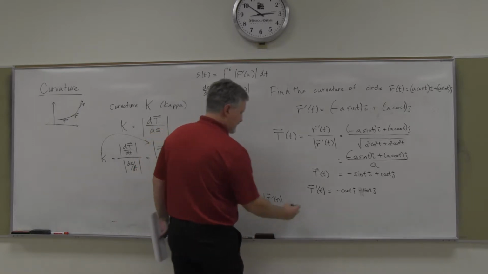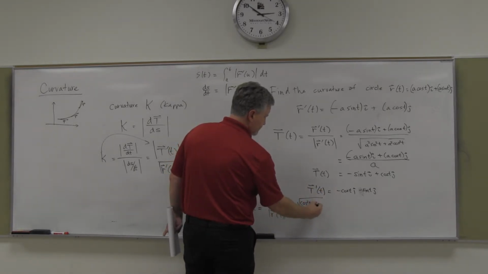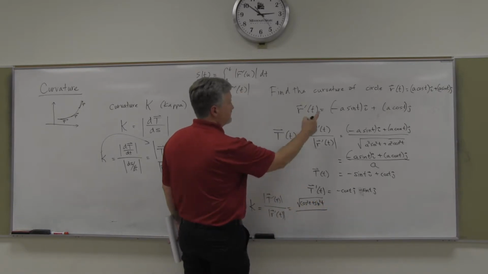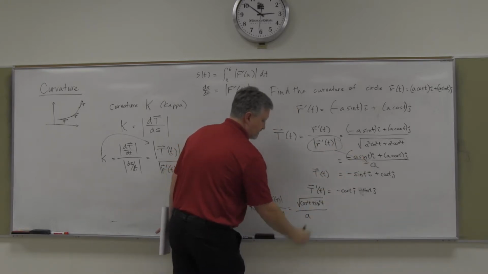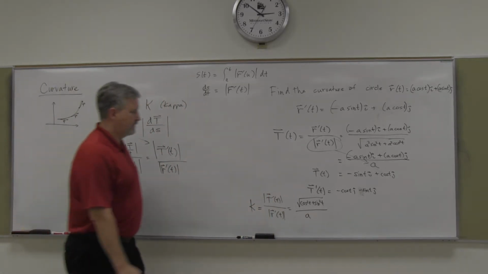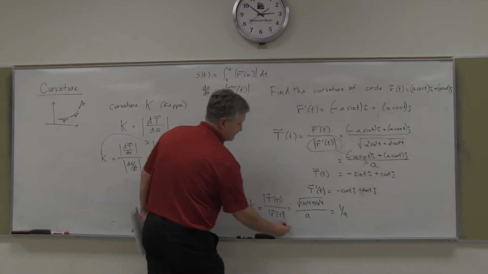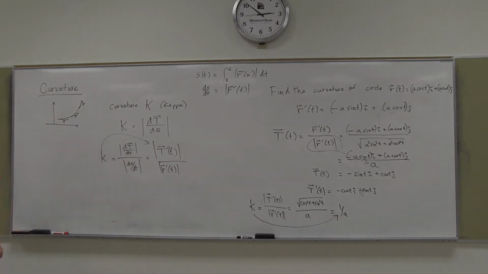What does that work out to? Magnitude of that would be the square root of cosine squared plus sine squared, that's just going to be 1. Divided by the magnitude of this one, which we just did, it's a, right? We got 1 over a. So depending on the size of the circle, the curvature is 1 over a.